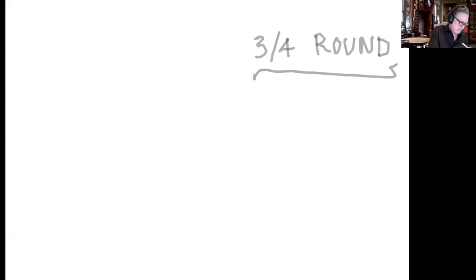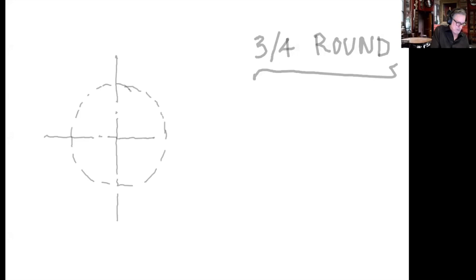So let's draw a guide circle together, like that. And we'll draw some axes like that. As you might imagine, this molding takes it another step further, and it is 3/4 of a circle.